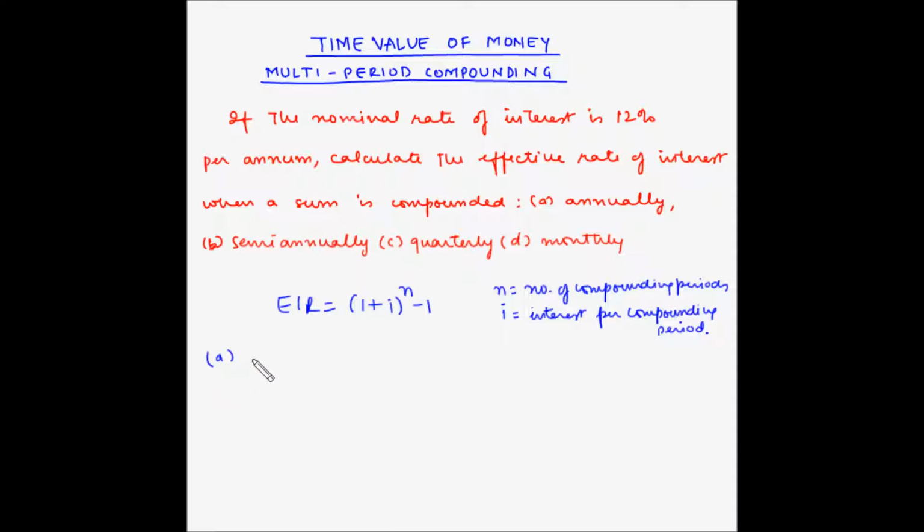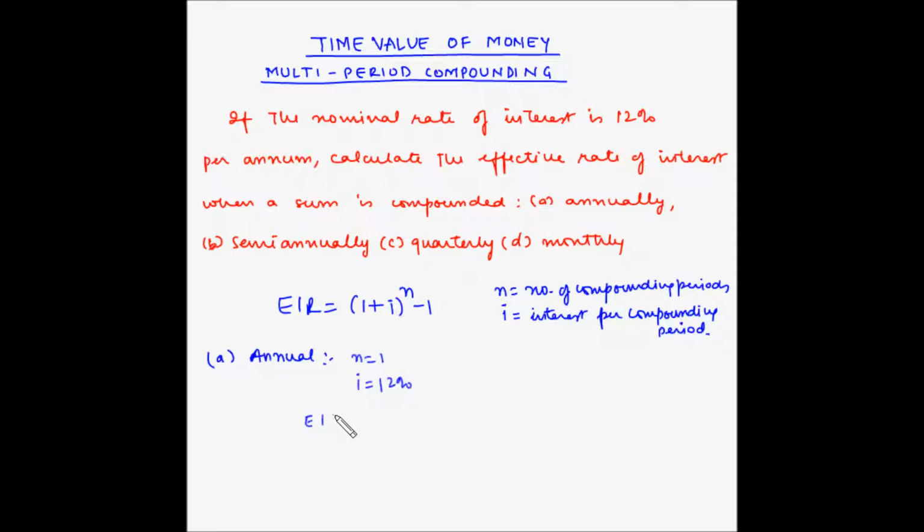So let's take the case of annual compounding. In case of annual compounding, since the tenure is considered as 1 year only, the total number of compounding periods n is equal to 1, and the interest rate per compounding period will be the same as the annual interest rate, which is 12%.